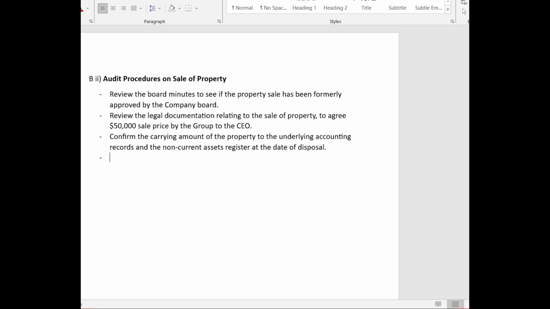And one more thing which we can confirm is that the property has been removed from the non-current assets register, right, at the date of disposal.